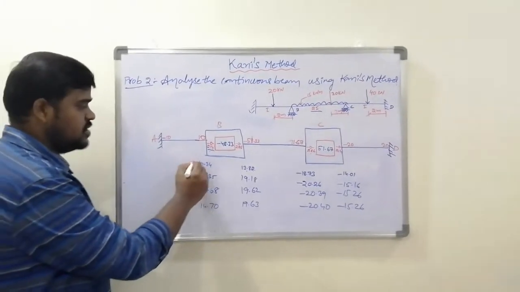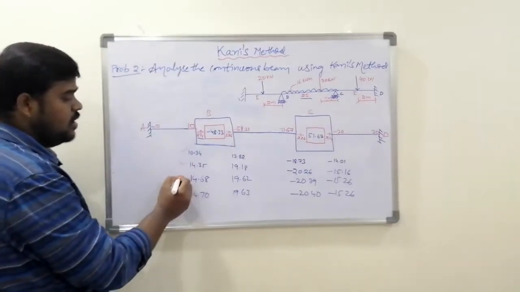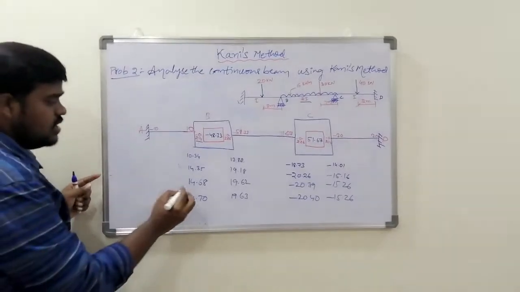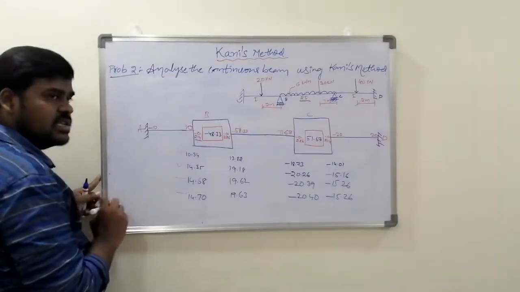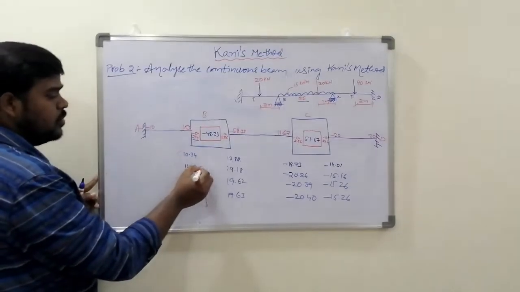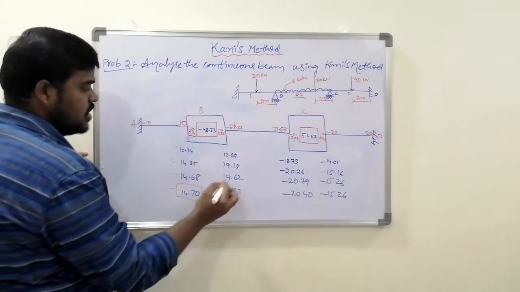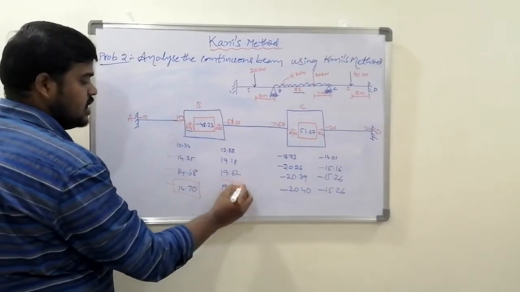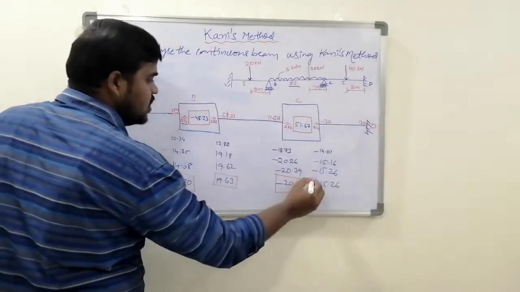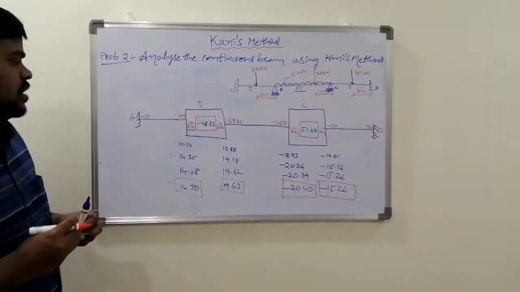So this is the first cycle and this is the second cycle, and similarly we have done the third and fourth cycles. We have to see that the difference between 14.68 and 14.70 is very small compared to 14.35 and 14.68. Similarly the difference between 19.62 and 19.63 is also very small, and 20.39 and 20.40. So this fourth cycle is taken as the final rotation contribution.